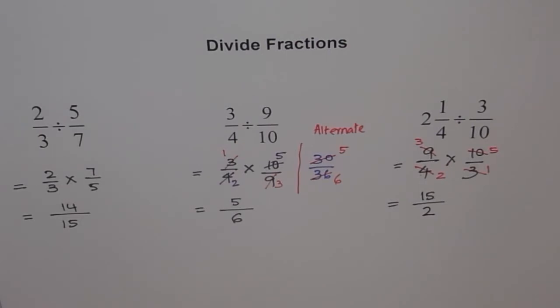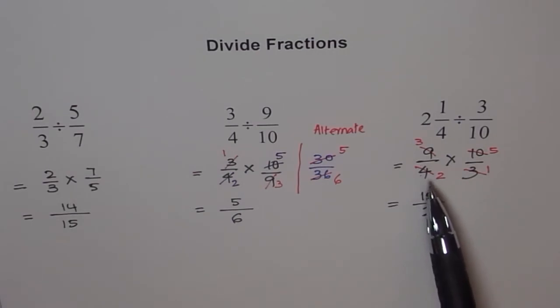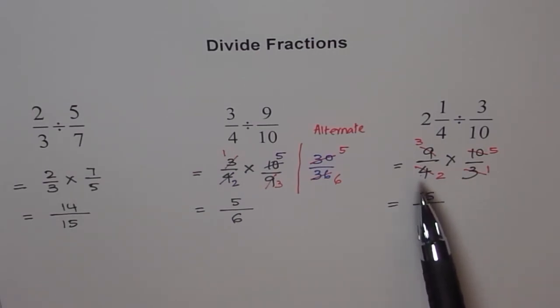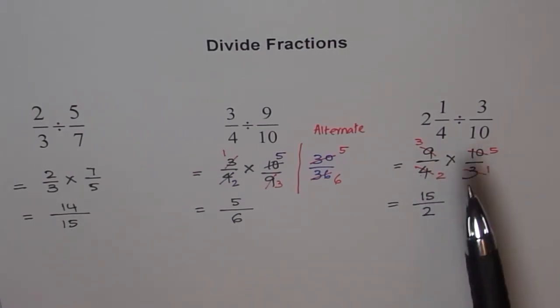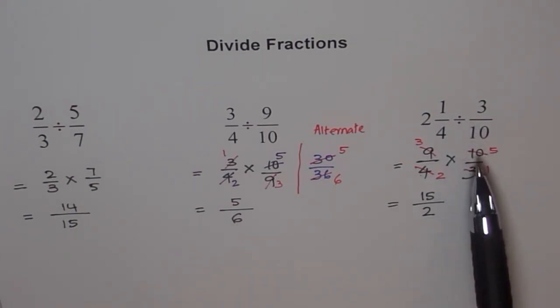So do you understand how to do division of fractions? The first step is, if you have a mixed number, you need to write it as an improper fraction. If not, the next step is to change divide into multiply, by writing multiplication by the reciprocal number.